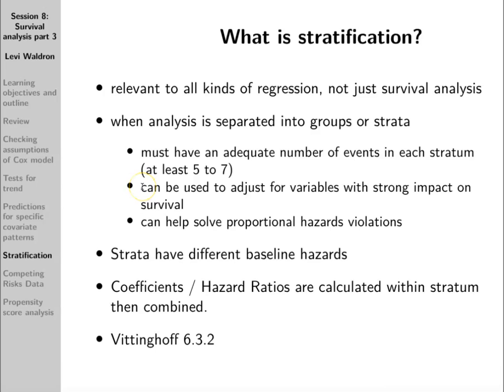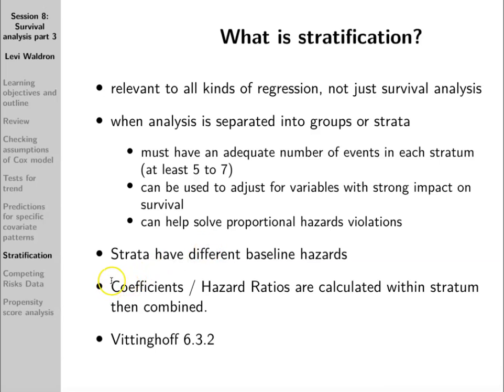This can be used to adjust for variables with a strong impact on survival, in particular variables where the baseline hazard is different. And so it can help solve proportional hazards violations because these strata can have different baseline hazards.